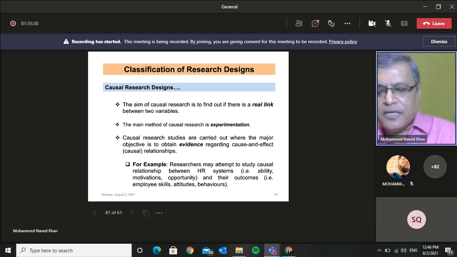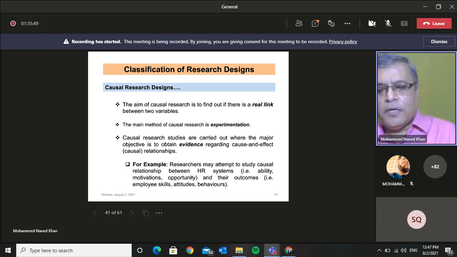One example that we may consider is that you are trying to study the relationship between the HR systems, that is ability, motivation, and opportunity, and so on, and the outcomes, that is employee skills, attitudes, and behavior. So you want to study the causal relationship between these two, the HR systems and the outcomes.